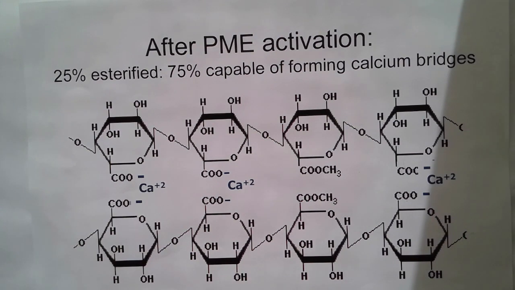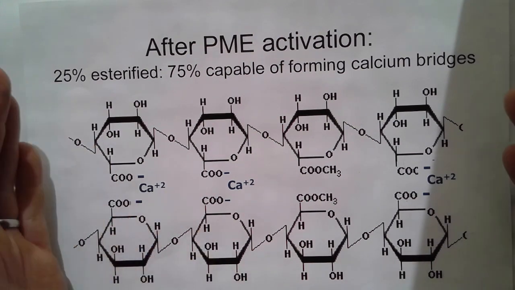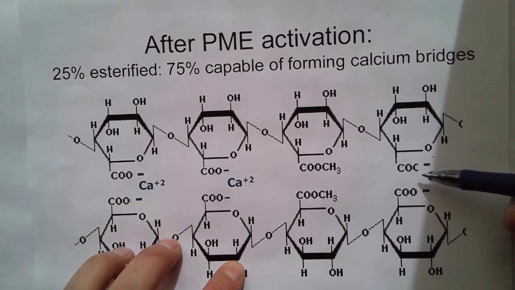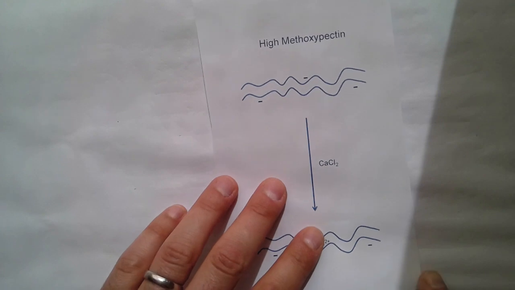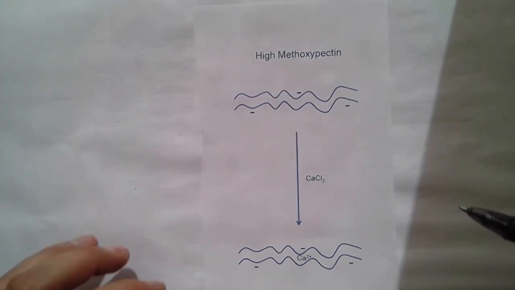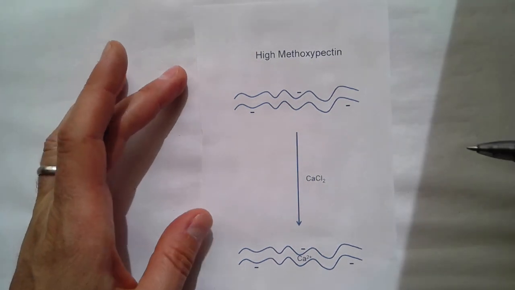And in the presence of calcium, we can form, at least in this example here, 3 bridges. So at the risk of sounding repetitive, I think this is a good way to schematically understand the importance of PME and calcium chloride.